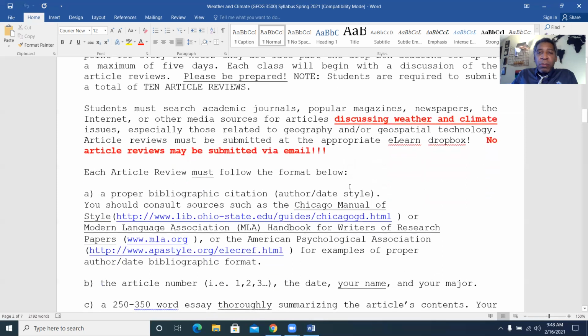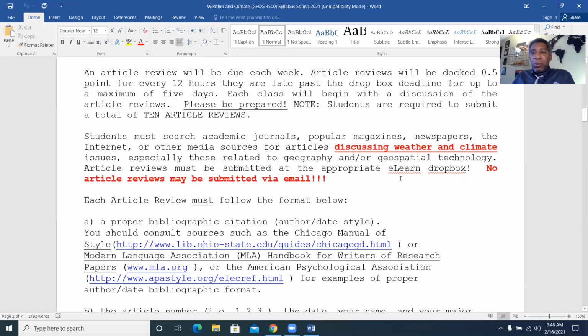You must search academic journals, popular magazines, newspapers, internet, or other media sources discussing weather and climate issues. It can't just be about anything. You should have an easy time this week because if you live basically anywhere in the southeast, we are dealing with, I don't want to say unprecedented, but we're dealing with a storm and extreme cold event that has not visited the southern part of the country in at least a decade or maybe longer.